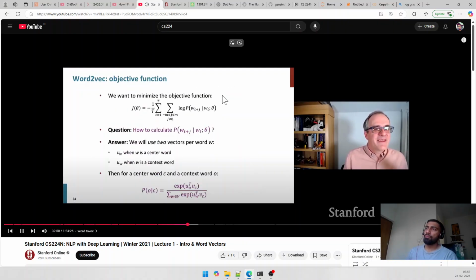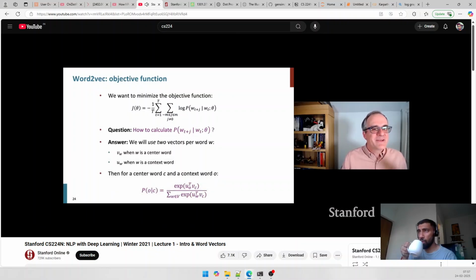Okay. So that's the setup, but we still haven't made any progress in how to calculate the probability of a word occurring in the context given the center word.